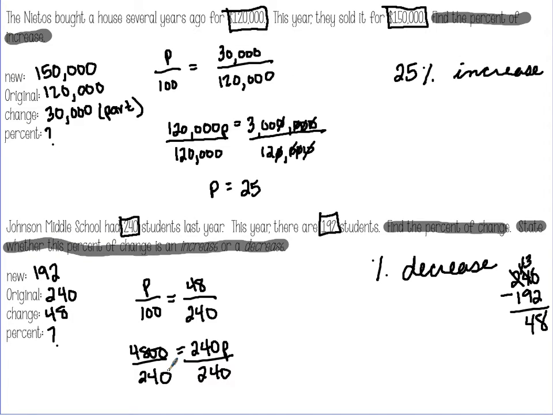When I do that, again, I can cancel out my zeros. I know 48 divided by 24 is 2, and I have that 0 left, so the answer is 20 is equal to P. So the answer to my question is that it's a 20% decrease in the number of students. So they didn't drop by 20 students, it dropped by 20% of the students.